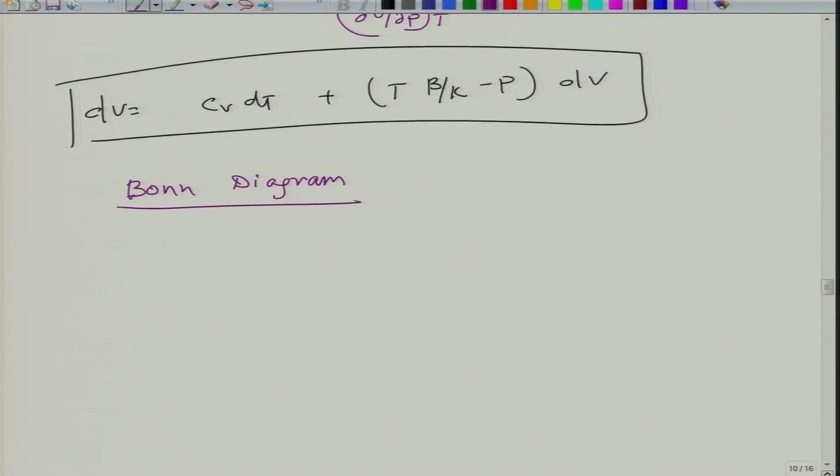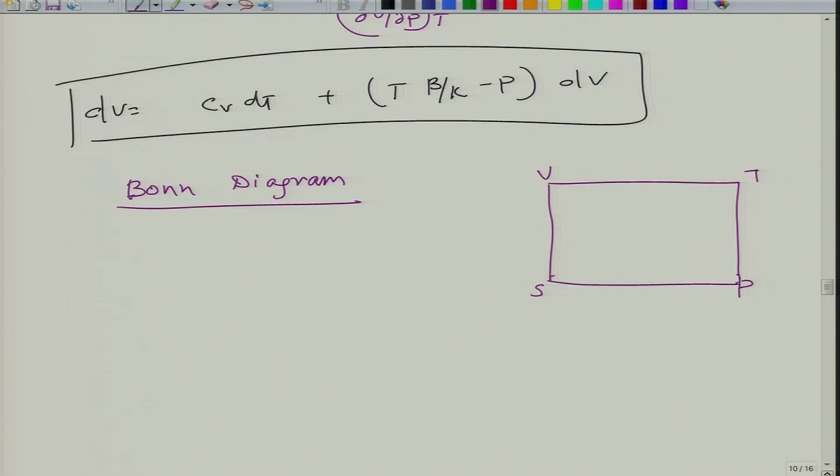The way it works is the following: you draw a square such that you have S, V, T and P at the corners of this square.